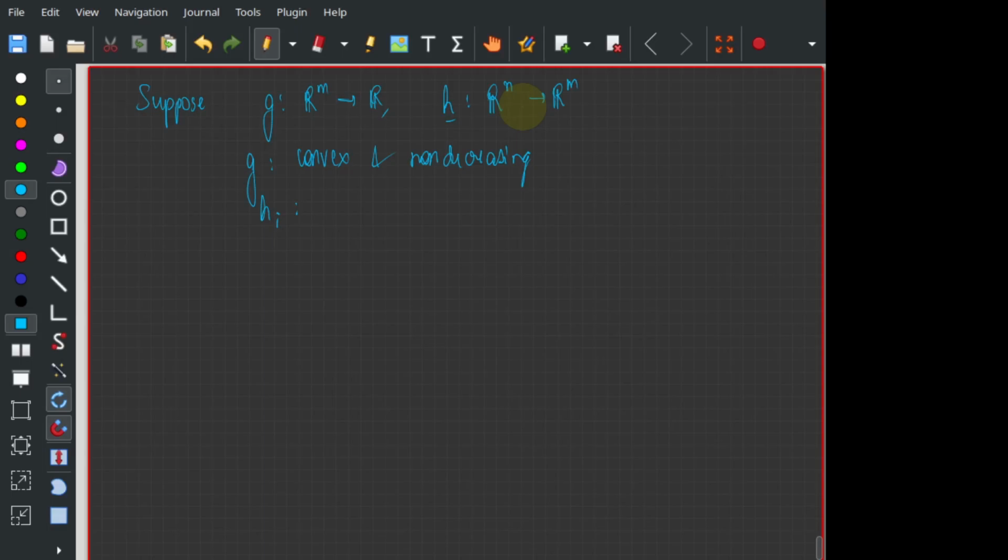Convexity, as we've defined, is only for functions from Rn to R, correct? Good point. Exactly. So we'll basically use the non-negative order. So let's assume that Hi is convex.